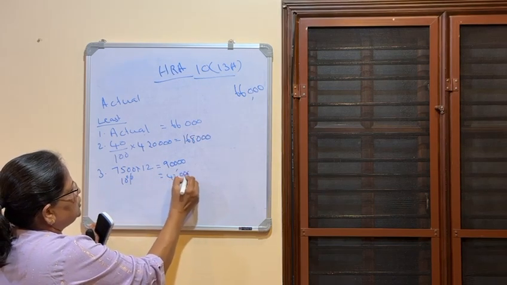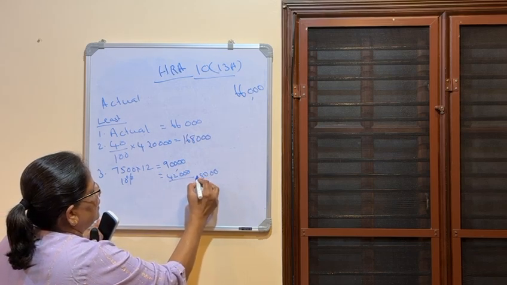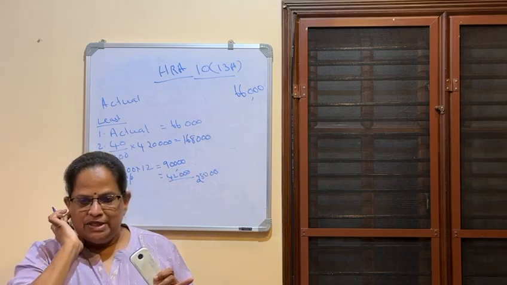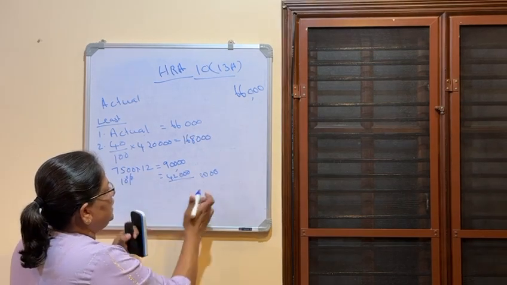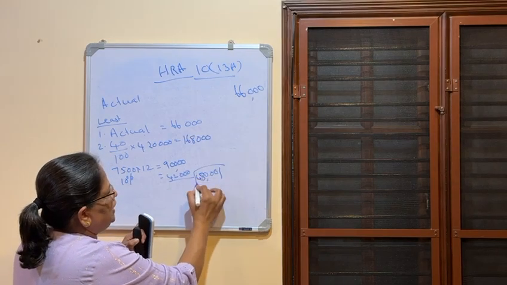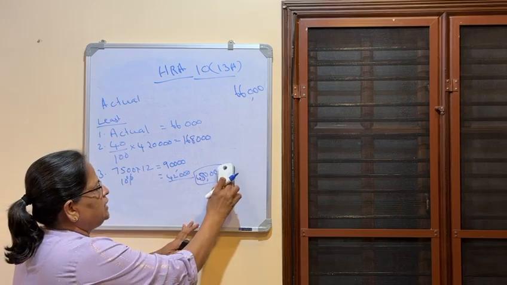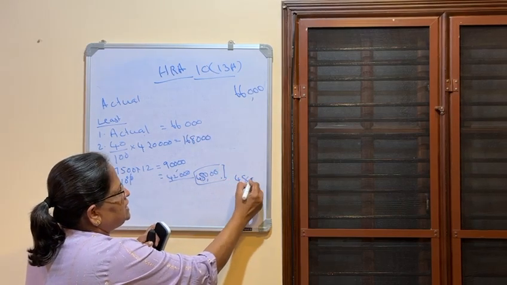So the balance is 90,000 minus 42,000, which is 48,000. So the least value is 48,000. So here this value will be the exempted HRA.